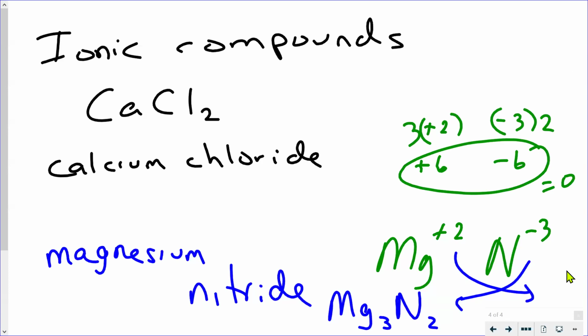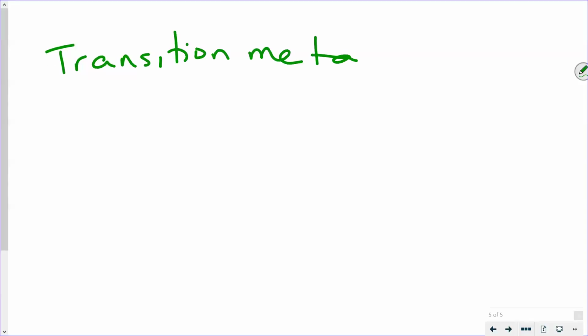Now, within looking at these ionic compounds, we also need to look at transition metals. Right? Here's like copper. Lead.